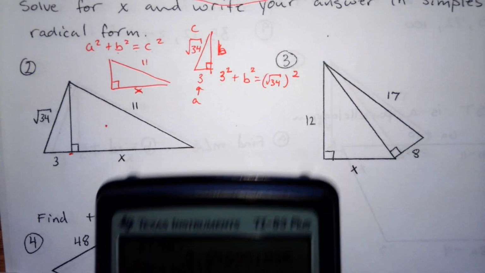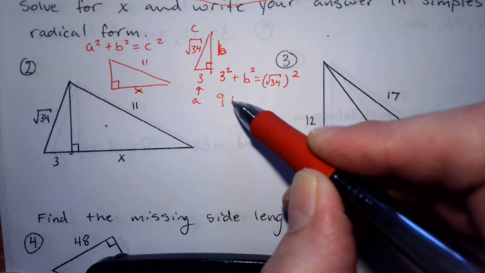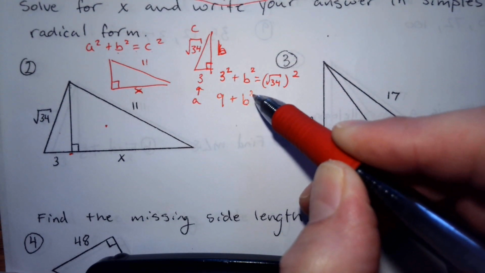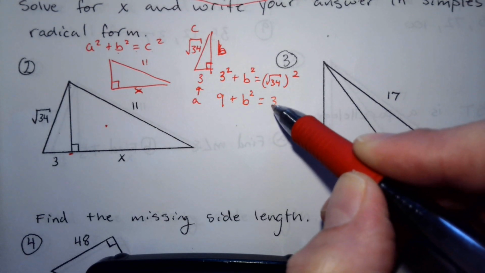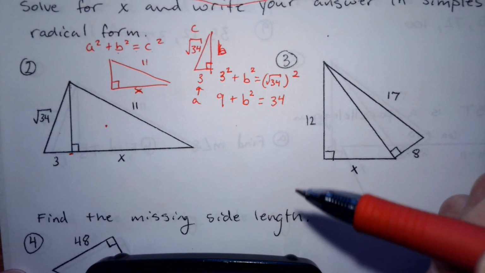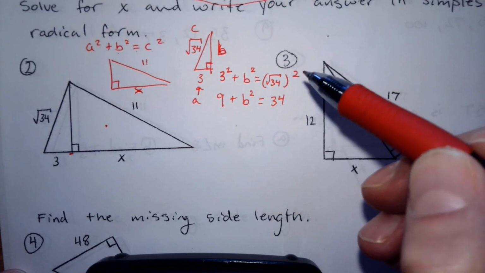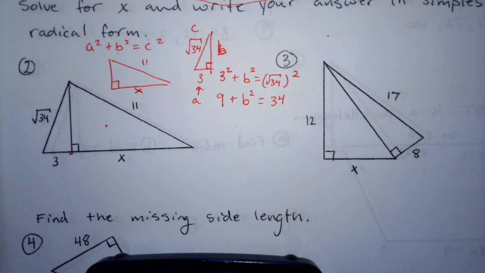So this becomes 9. That's still b squared. And then I have regular 34 on this one, because the square root, when you square it, it goes away. Questions on that?